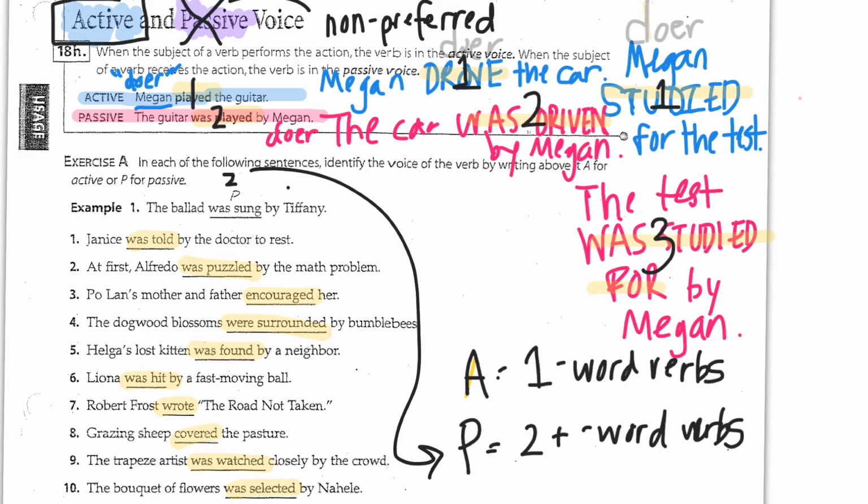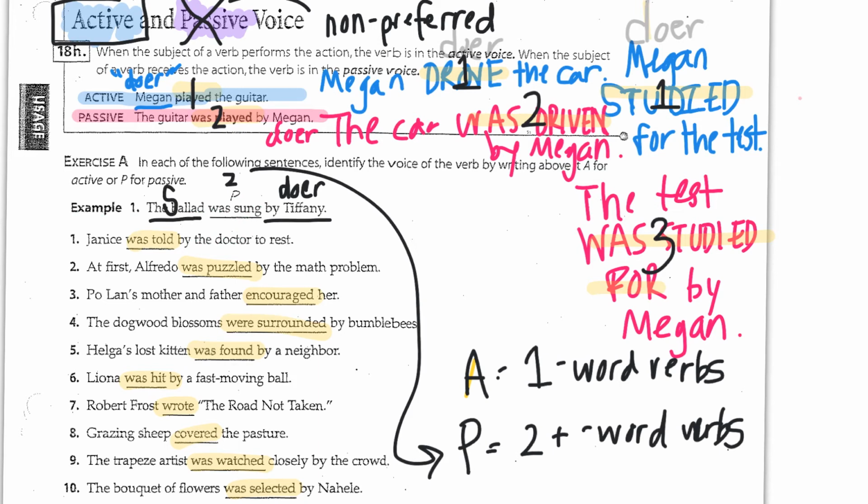My doer, just to think about why that is, my doer of the singing is not the subject of my sentence. Tiffany is not in the place of the subject. The ballad is.